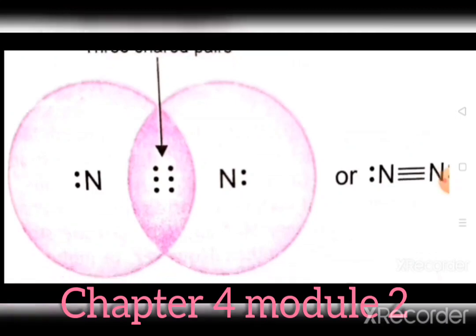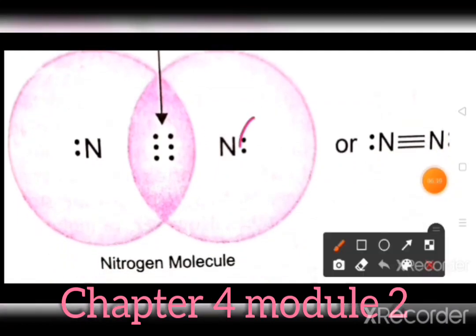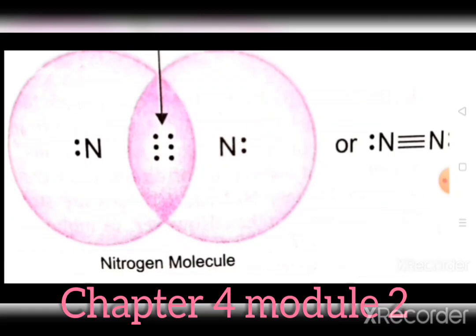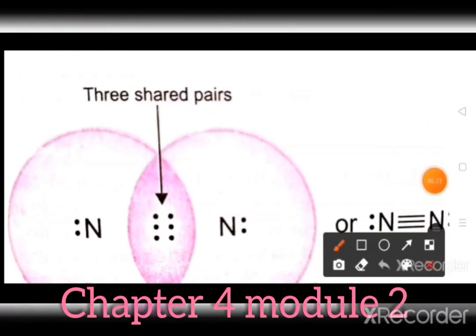So here it is shown, these are lone pairs and 6 electrons are the shared one. 3 bonds will be formed, that means 1 bond and 2 electrons. So here 3 shared pairs are there.